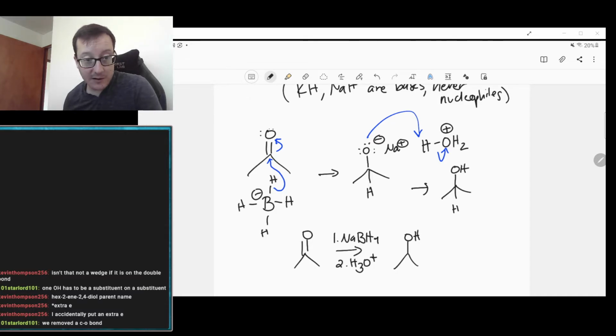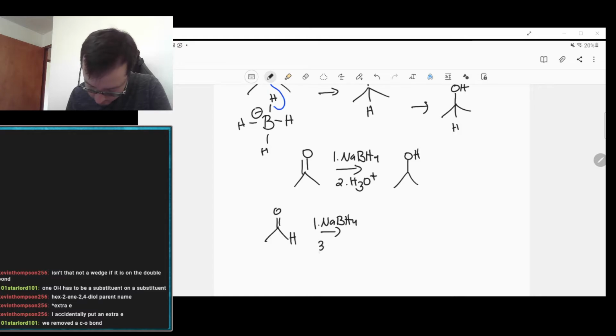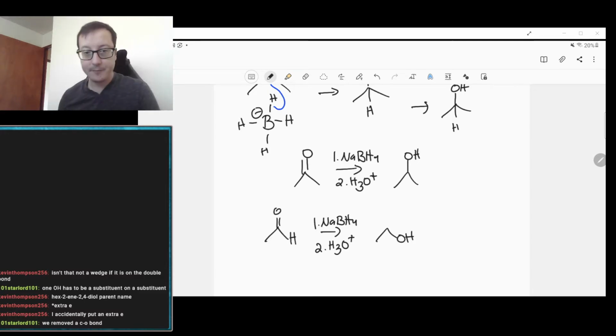Of course, this works on aldehydes as well. If you use sodium borohydride, you can get your primary alcohol out.